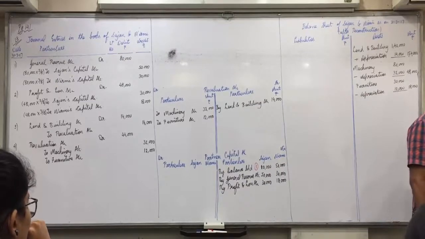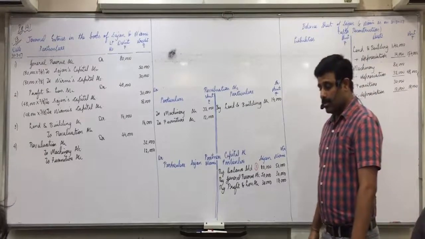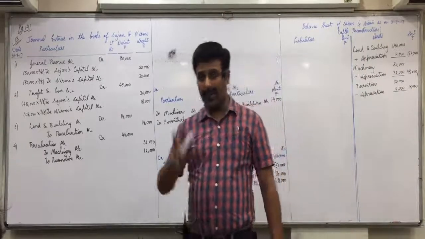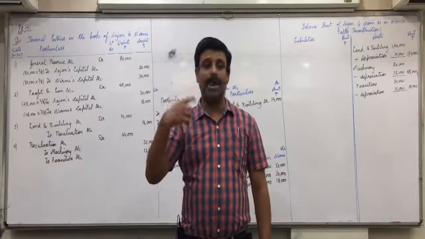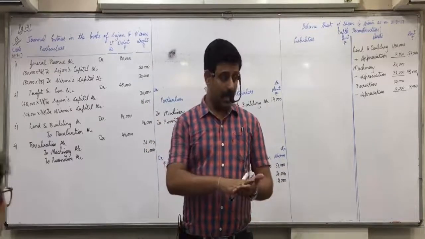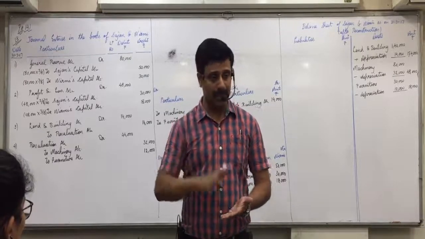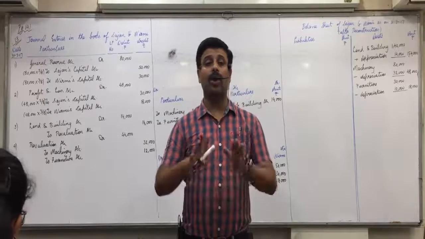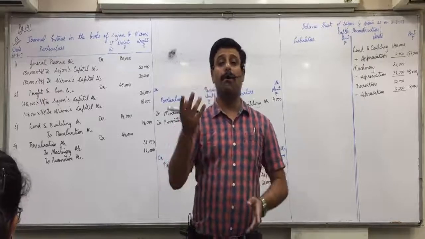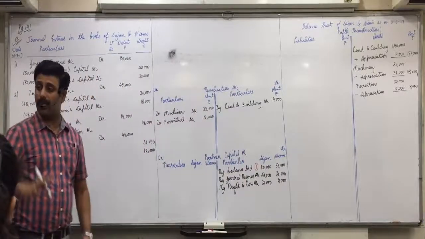Next. 1,000 of bad debt reserve on debtors is not required. Normally, when we provide bad debt reserve, what entry do we pass in this chapter? Revaluation account debit to bad debt reserve. When we provide. Now not required, so reverse entry. Bad debt reserve account debit to revaluation. 1,000 is not required.